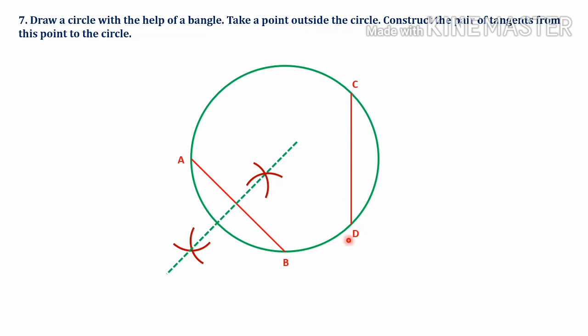Take more than half of the length of CD, fix at C, draw two arcs, and using the same radius, fix at D, cut those arcs, and join these two points of intersection of arcs by using a ruler. The two perpendicular bisectors are meeting at this point. So this must be the center of the circle. Label it as O.